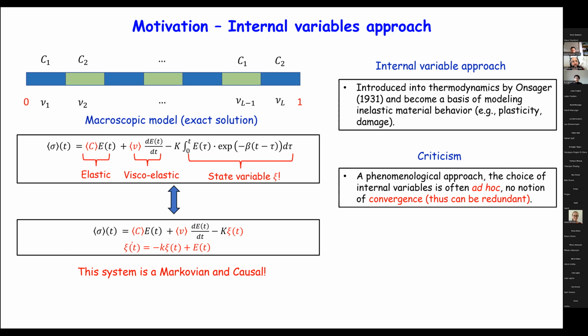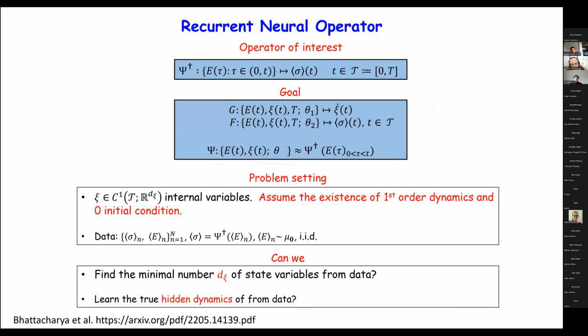But this kind of approach really inspires us, and we ask our question: can we then learn these internal variables from data using deep neural operators? That inspires us to come up with the so-called recurrent neural operator architecture. So again, we're interested in the mapping from the whole deformation path history, which includes all the history from 0 to time t, and we're trying to learn the current stress output at time t.